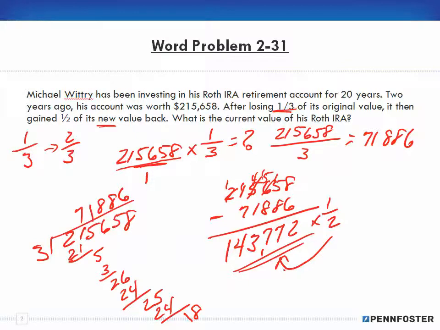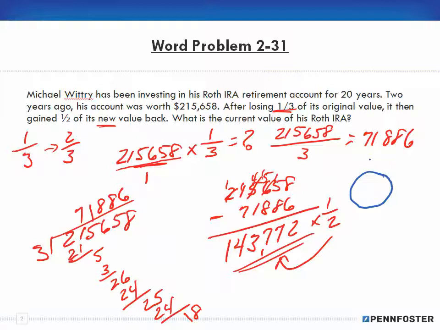Or I can think of it in terms like this. Let me get a different color. If I'm going to add half of the new value back, let me use a simplistic example. I don't want to use the big number, 143,772.